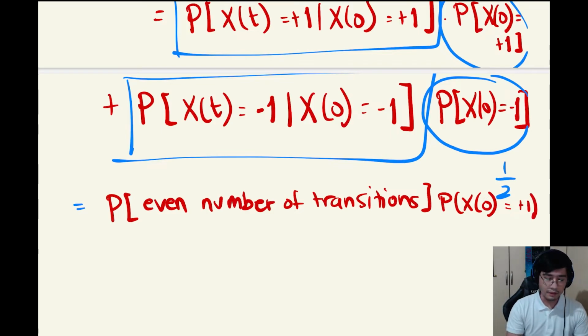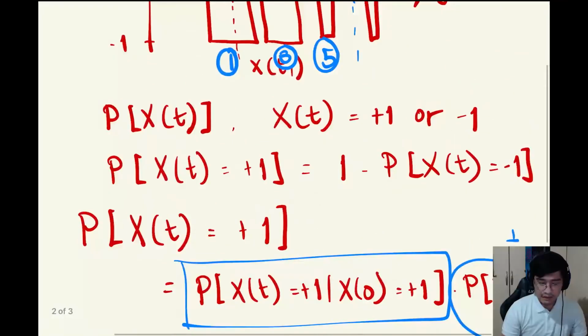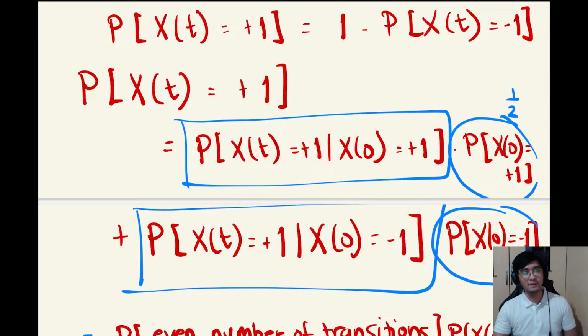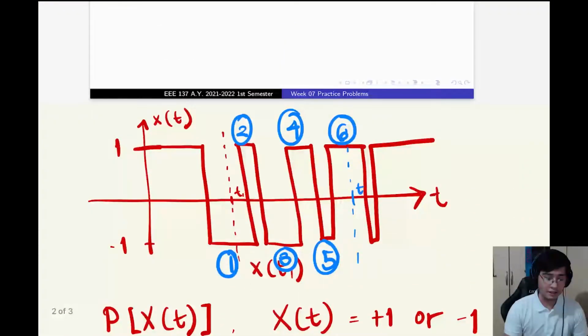Okay, how about the second term? If you want to get the probability that x of t is positive 1 given x of 0 is negative 1, then we are trying to get an odd number of transitions here. Because when we start here, we must obtain an odd number of transitions for us to jump to the opposite polarity or opposite outcome, right?